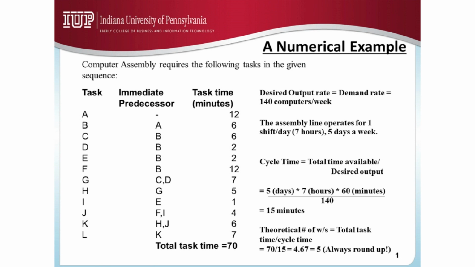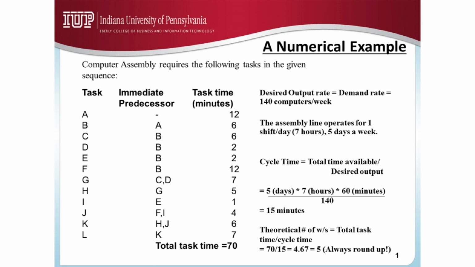So the theoretical minimum number of workstations that you will need is nothing but the total task time of 70 minutes divided by the cycle time of 15, which will give you, in this example, 70 by 15 is 4.67. So you will need more than 4 workstations, because 15 times 4 is 60 minutes, but you take more than 60 minutes, which is 70 minutes. So you require more than 4, which is 5.